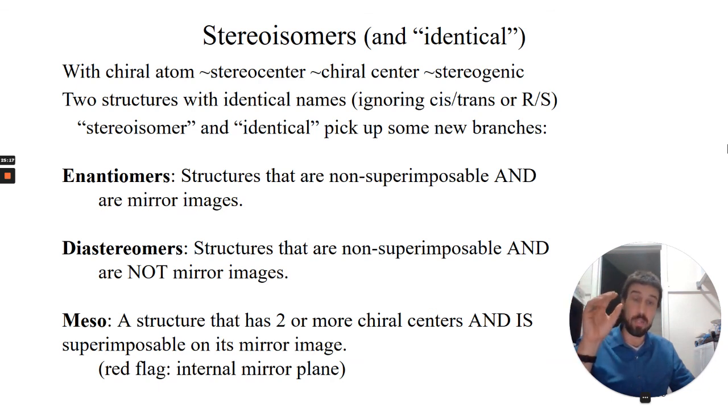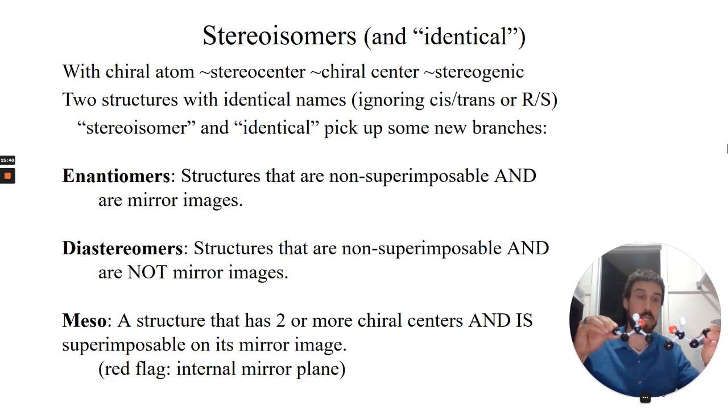So we now need to deal with these new labels. The first one that comes out is enantiomers. Enantiomers are two structures that are non-superimposable and are mirror images. To give you that mirror image idea, the first two molecules that we were looking at, these are mirror images of each other.